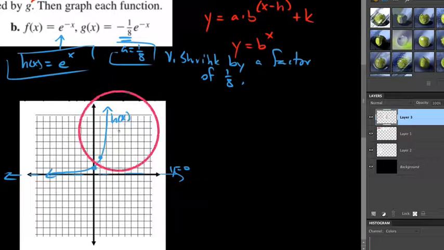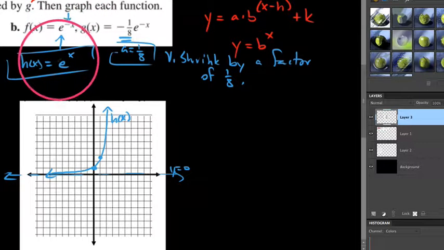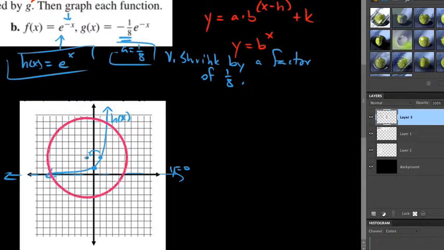The function that I've named h of x, what we'd see from this would be the fact that because we have a negative in front of our x value, we're going to reflect everything over the y-axis. And so what we get now is this new function where this is going to pop over here. I'm going to specifically name this point. We're going to name this -1, comma e. We're going to name this one still 0, 1.